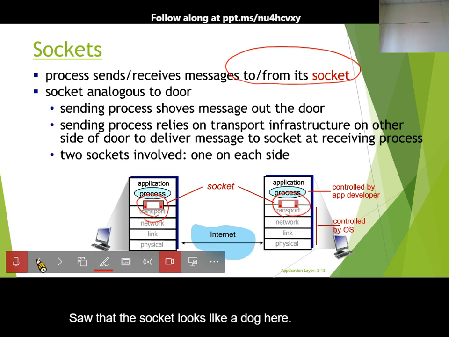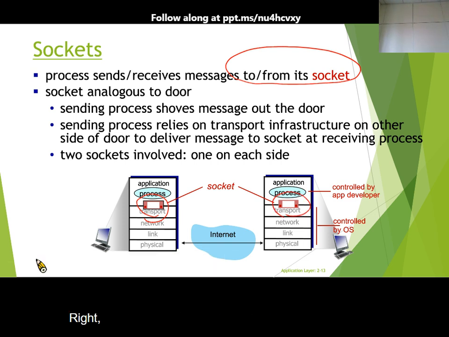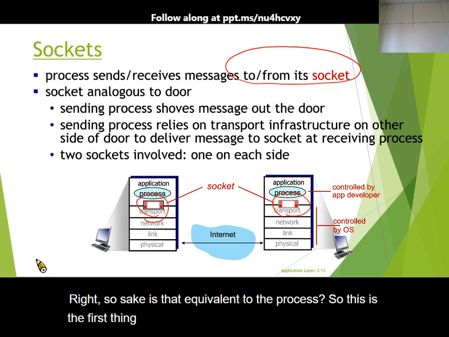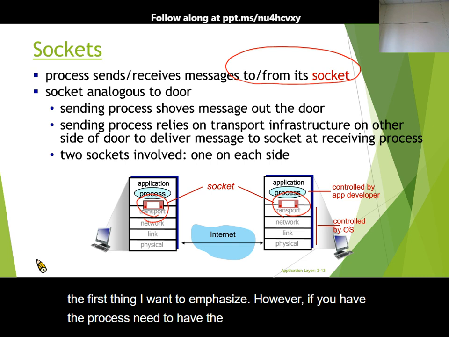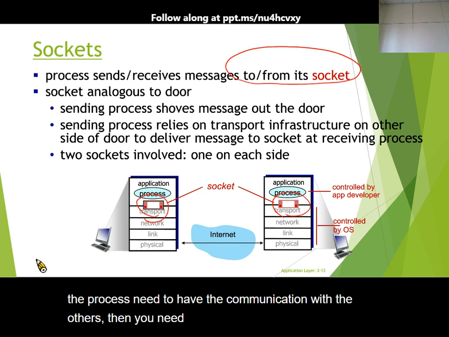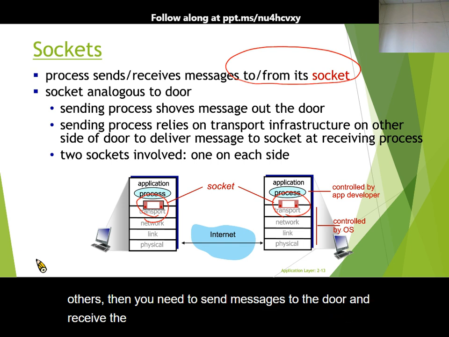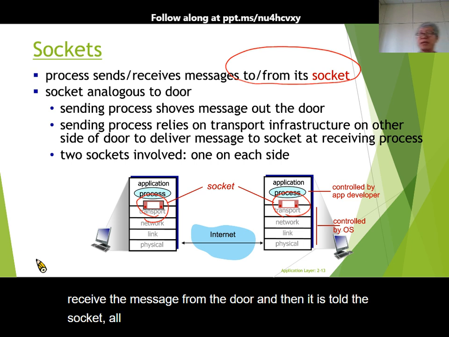So circuit is not equivalent to the process. So this is the first thing I want to emphasize. However, if you have the process need to have the communication with the others, then you need to send message to the node and receive the message from the node, and then it is called the circuit. All right, so this is the meaning for the circuit.